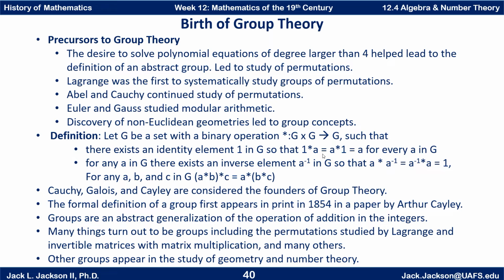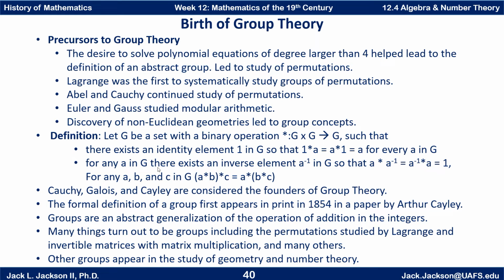A retains its identity when you operate on it from either side by this element 1, for every A in G. Also, for every element A in G, there exists a corresponding inverse element, which I'm going to denote A superscript -1. That's A inverse. It's in G, so that A operate A inverse or A inverse operate A is the identity element 1.